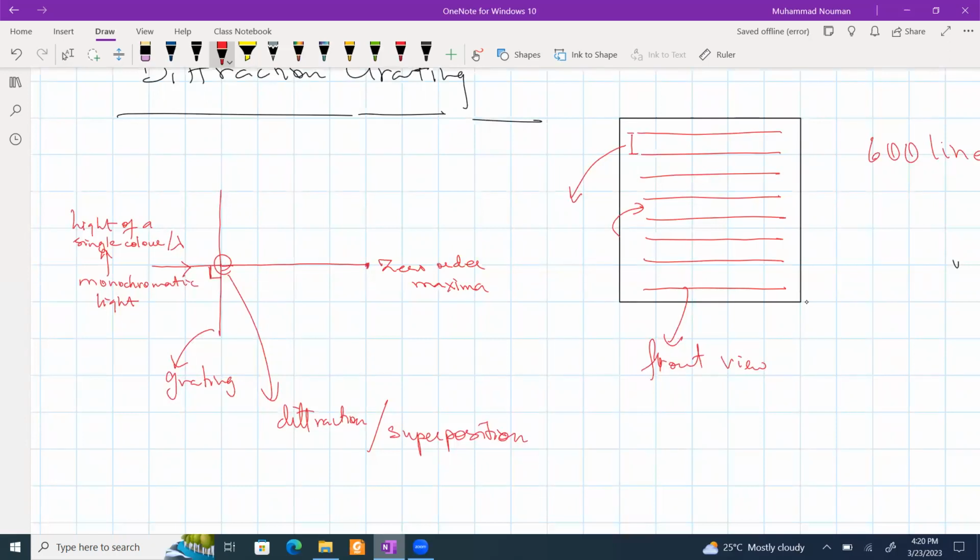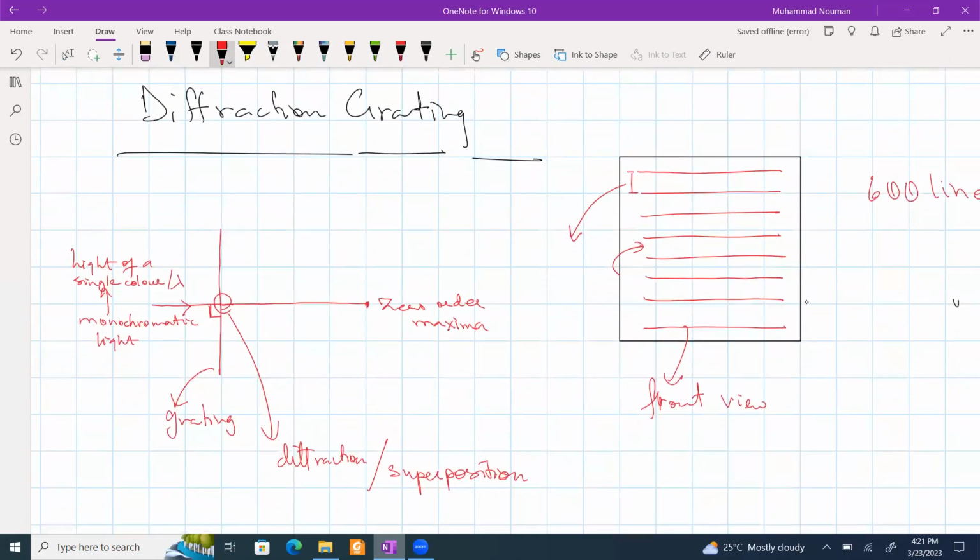Then, after that, another one may be found here, and here as well, at equal angle, like this. This angle theta1 and this angle theta1 are equal.